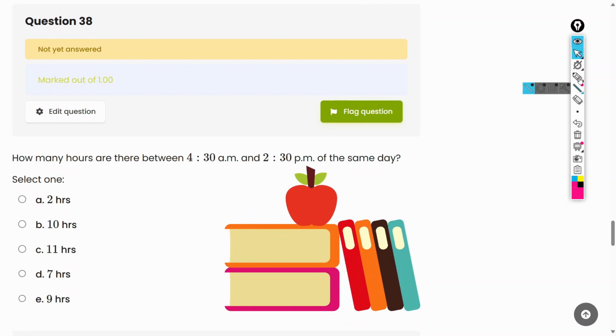How many hours are there between 4:30 a.m. and 2:30 p.m. of the same day? So that means we need to do 2:30 p.m. minus 4:30 a.m. Whenever you have a case like this, you need to change them into hours.